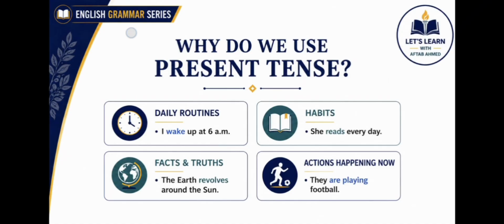"The earth revolves around the sun." It expresses a universal truth. And "They are playing football." It describes an action happening right now. In simple words, present tense helps us talk about our lives, our habits, and the world around us.